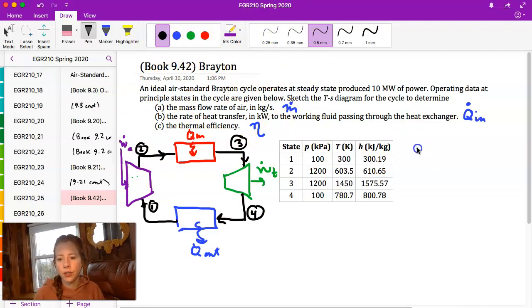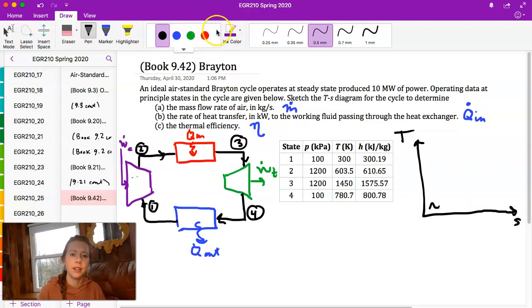And then I'm also going to sketch our TS diagram. And once again, tiny vapor dome, since we're dealing with an ideal gas, we're dealing with air. And so for 1, let's start here. We have compression, so we get an increase in temperature. And then for 2 to 3, we're going to increase temperature because we have heat going in, increasing entropy.